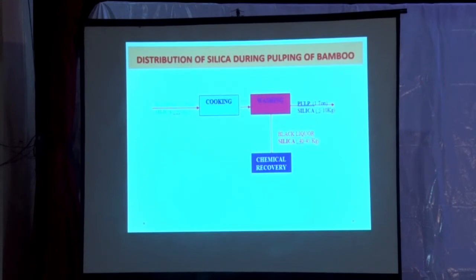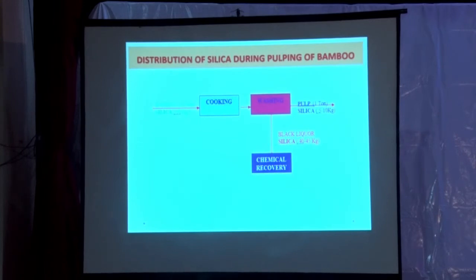And we all know that for bamboo we cook at around 20 or 21%. Very high chemical active alkali is required. So at this very high alkalinity, a pH of 13 plus, about 90% of silica present in the bamboo comes into black liquor. Bamboo pulp has very little silica as compared to other pulps if you are looking at the original raw material silica content.